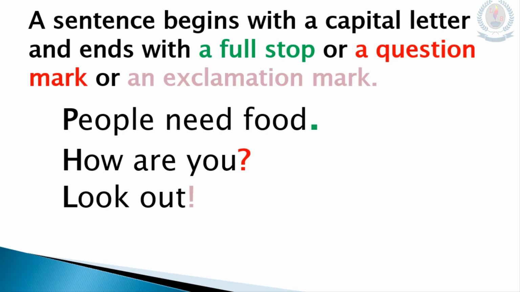The second one, how are you? This is a question or an interrogative sentence. So we start it with a capital H and end with a question mark. The last one is an exclamatory sentence. So we begin it with the capital L and finish it with an exclamation mark.